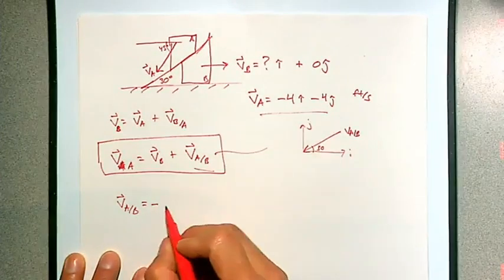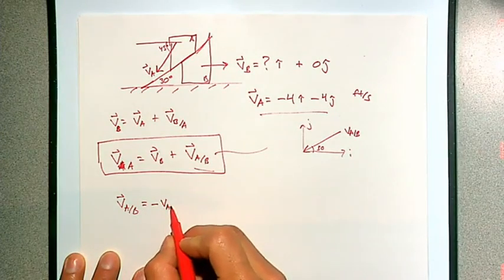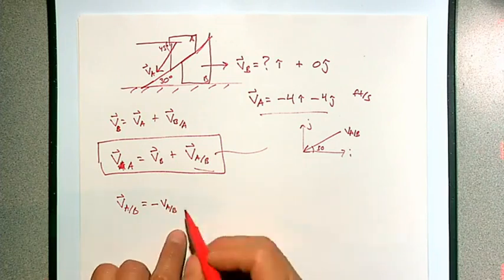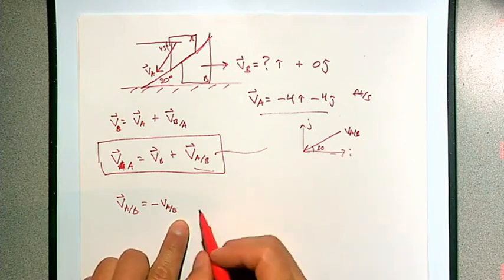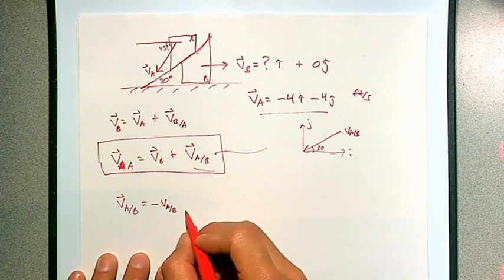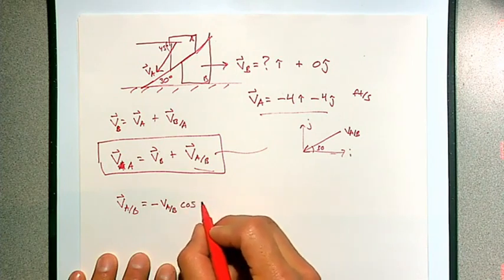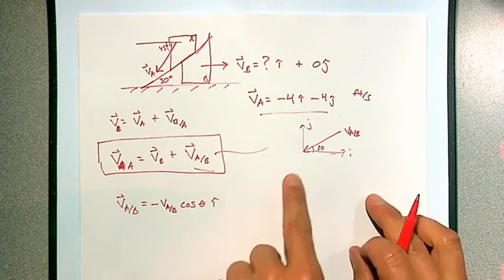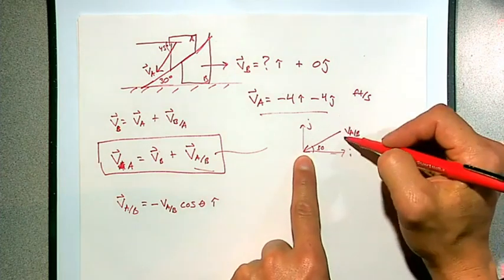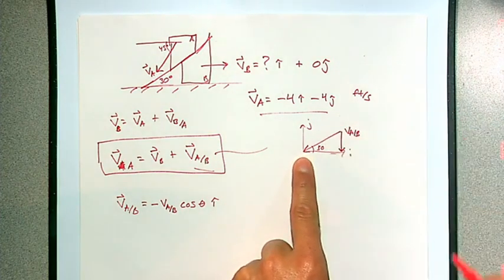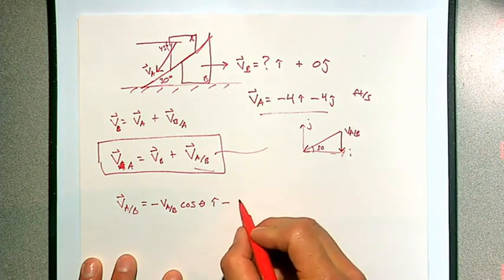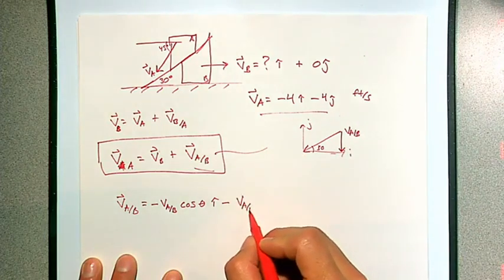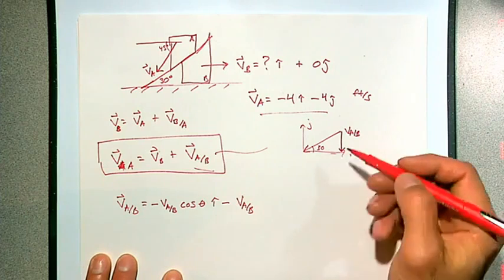So minus whatever that magnitude is, and that's the cosine leg. So minus cos theta, in this case 30 degrees, in the i direction. And then its j component. That's this piece. So minus the same magnitude, v of A with respect to B, and that's the sine leg.